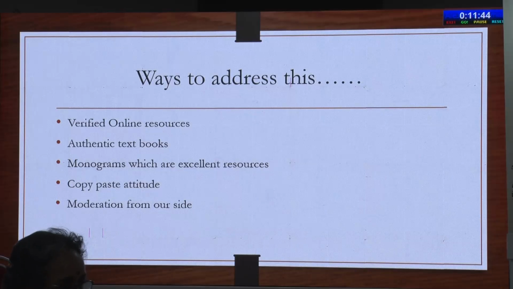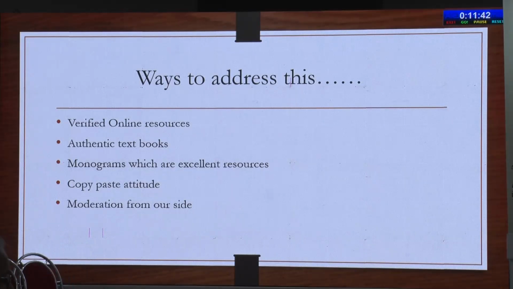Any thoughts? I think, like you said, moderation from our side. One way to get it done was to assign a faculty member to preview the presentation and approve its contents a week beforehand.